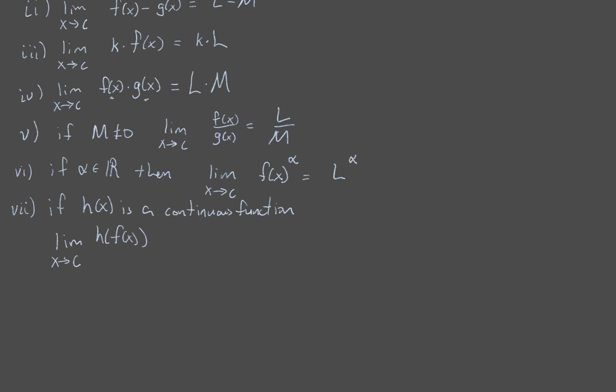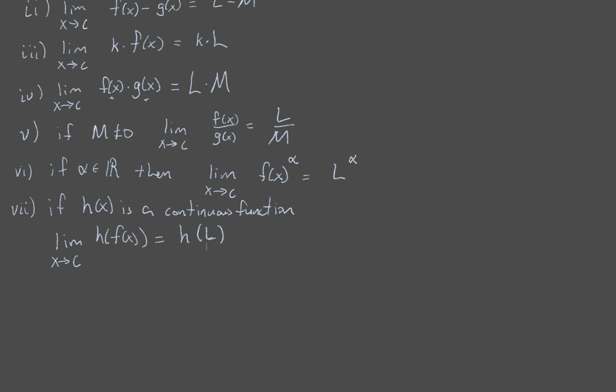So we know what f of x does as x goes to c. It goes to L. Since h is continuous, this limit is going to go to h of L. Okay. And that's pretty powerful as a tool later on.